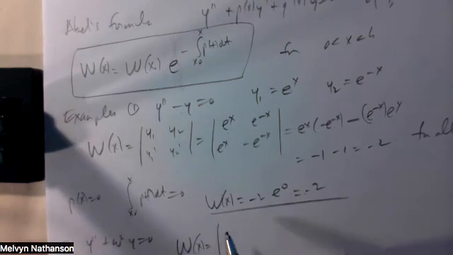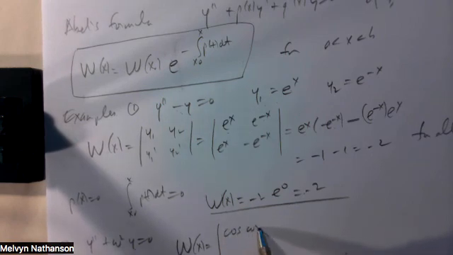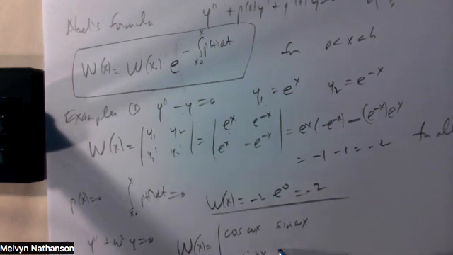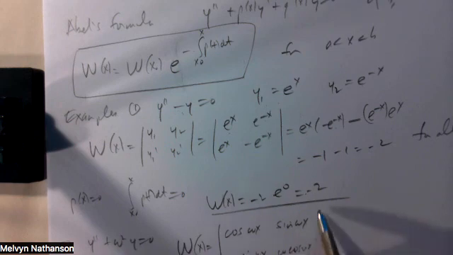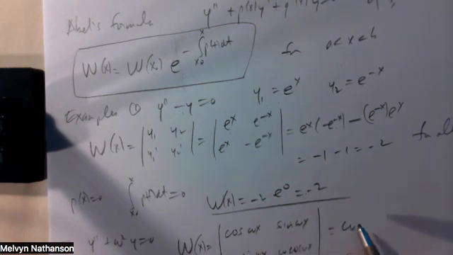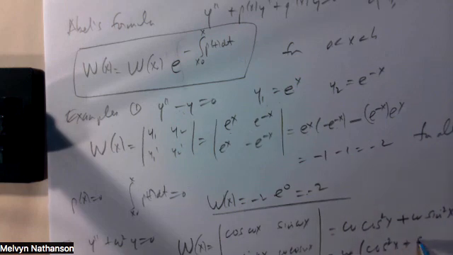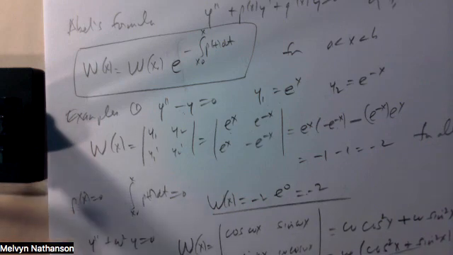As a function of x, you take y1 and y2 and y1 prime, you differentiate this, you get minus omega sine omega x, differentiate this, you get omega cosine omega x, compute the determinant, you get omega cosine squared omega x, minus times minus is plus, so plus omega sine squared omega x. That's omega times cosine squared plus sine squared. This is 1, this is omega. So again, this is constant.